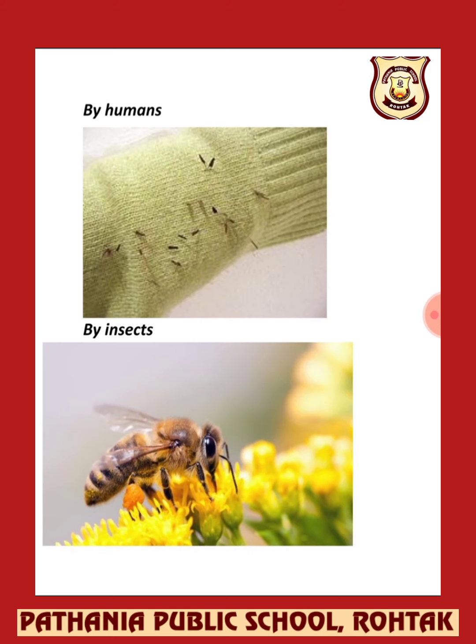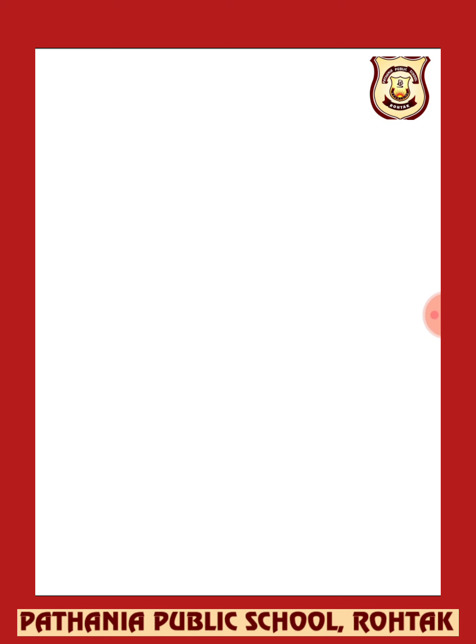You can also see insects sucking the nectar, and while sucking the nectar, the seeds attach to their body and travel the distance. So these figures make it very clear how these agents are responsible for the travel of seeds.